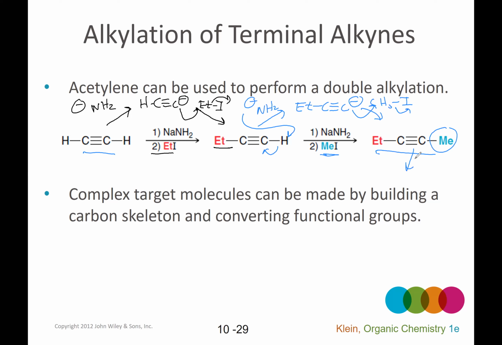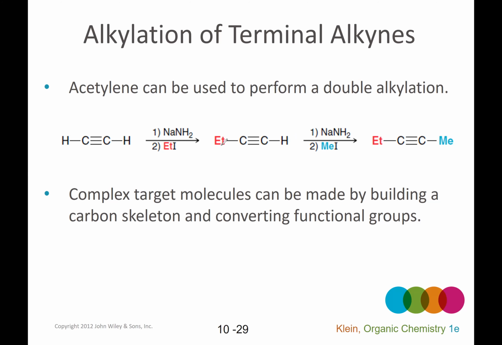We saw you can introduce new functional groups directly to the triple bond as well, okay? So I want to show you some of that. So that's how you build it. Deprotonate the alkyne, create that nucleophile, carry out SN2 substitution on a methyl or a primary halide, and that's how you get going.